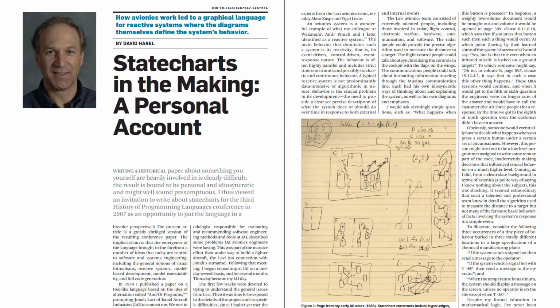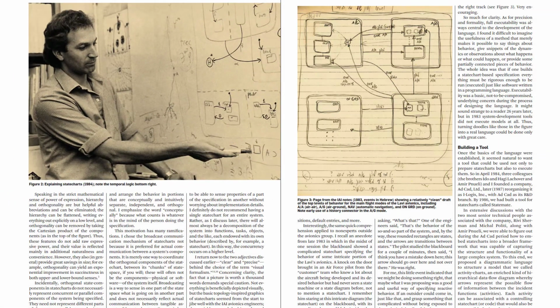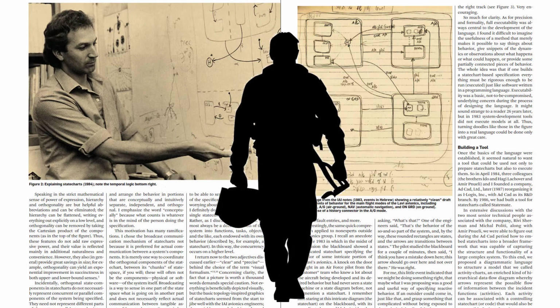Here is what David Harel writes. "I recall an anecdote from late 1983 in which, in the midst of one session, an Air Force pilot entered the room. I remember him staring at our intricate statechart diagram on the blackboard and asking, 'What's that?' One of the engineers said, 'Oh, that's the behavior of the so-and-so part of the system.